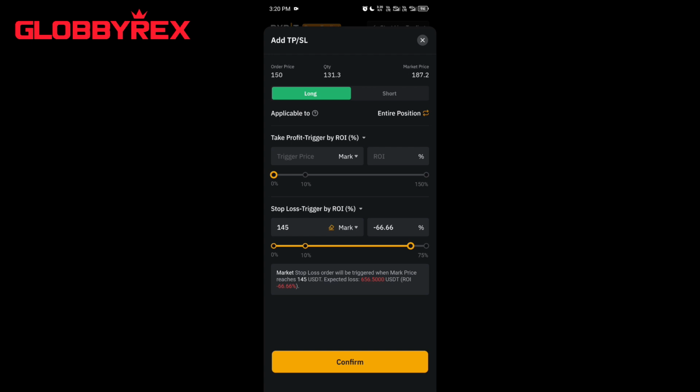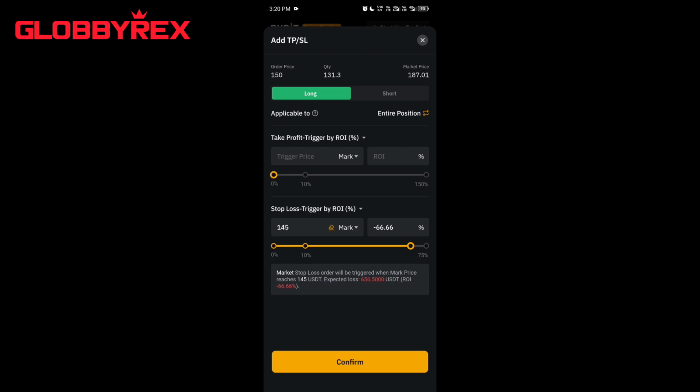Now, you can see here that my expected loss is what? 656.5. So now in this trade, am I actually risking 1K? No. I'm risking about 650. I purposely did it this way so people will understand, because most of the time when you ask someone what is their risk per trade, they think it is how much they are actually opening that trade with, which is the position size.